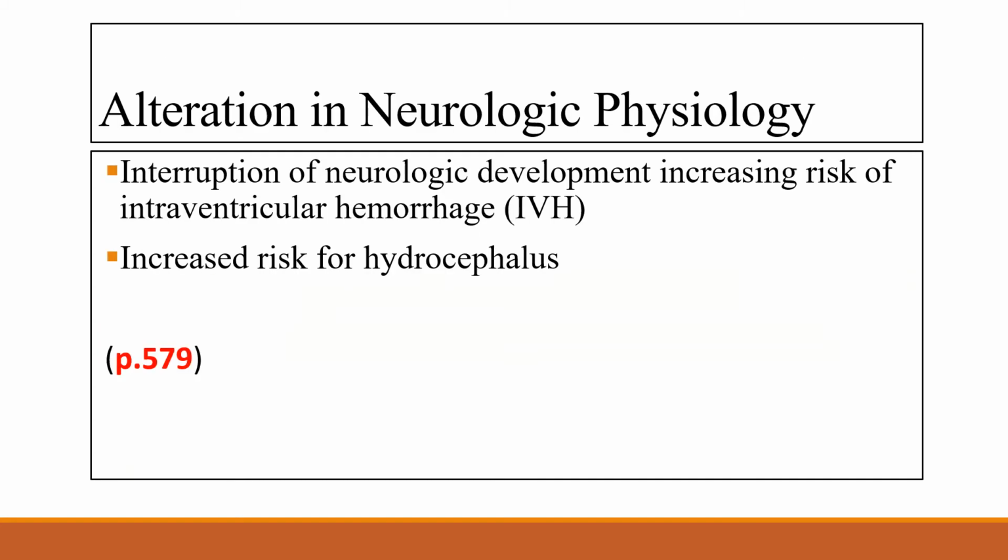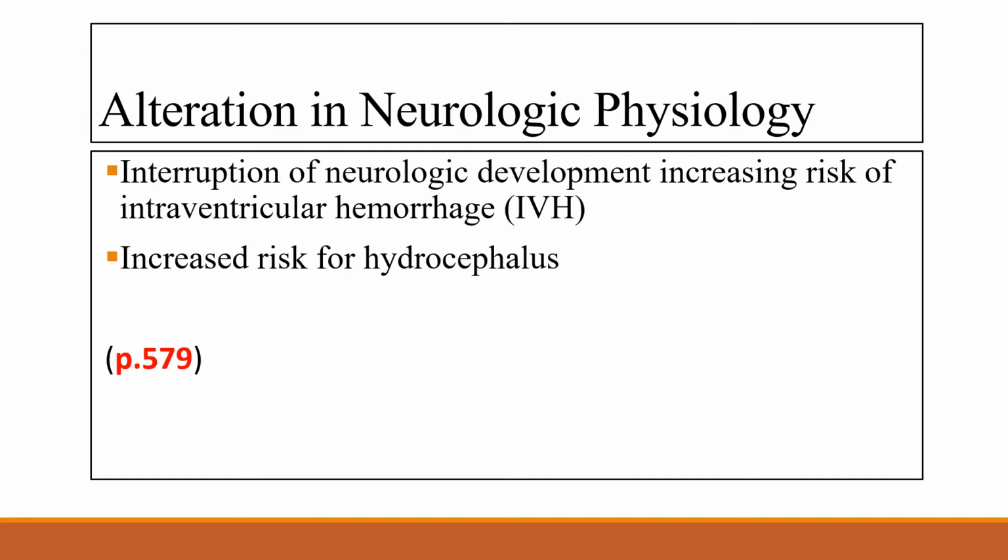Alterations in neurologic function. This is related to the baby's neurological development. If there is an increased risk for intraventricular hemorrhage, which is bleeding in the ventricles in the head, then there is also the possibility for increase in seizure activities. There could be an increased risk for hydrocephalus.